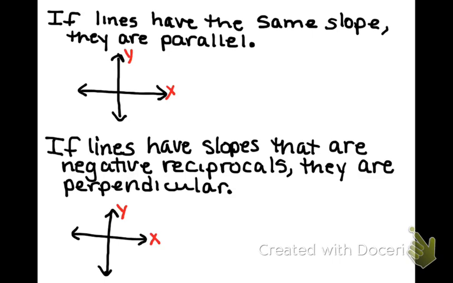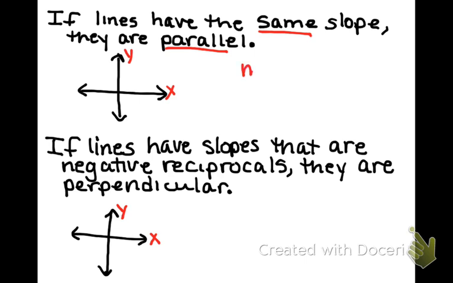Okay, so finally you can determine if two lines are parallel or perpendicular by using slope. So if lines have the same slope, they're going to be parallel, and if slopes are negative reciprocals of each other, then they will be perpendicular. So we'll look at some graphs of those lines and what the number values would look like. Okay, so same slope means that they are parallel.